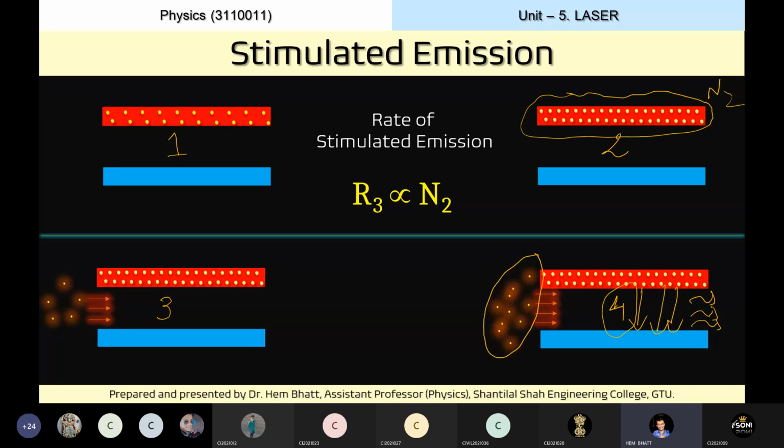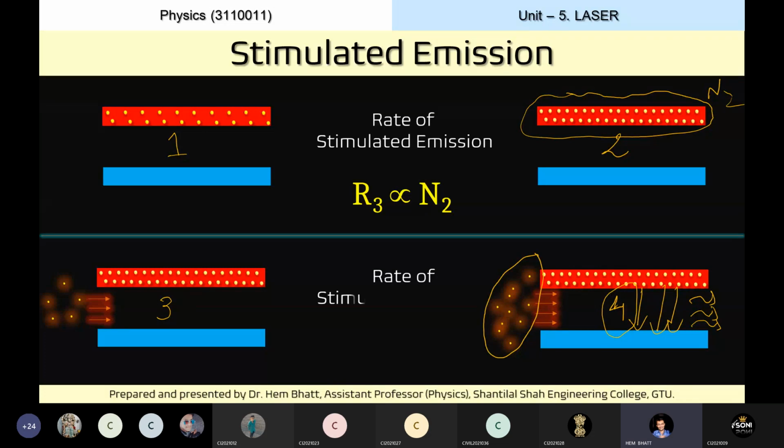So we can say that the rate of stimulated emission also depends on the energy which we are giving. Stimulated emission depends on how many atoms you have in the excited state, and it also depends on how much energy you are providing.